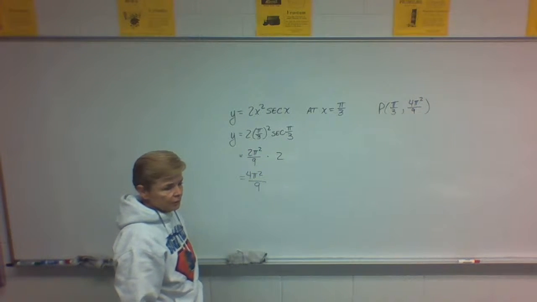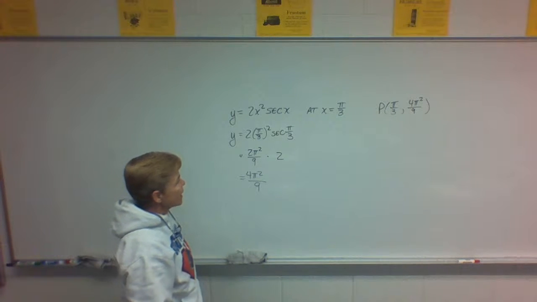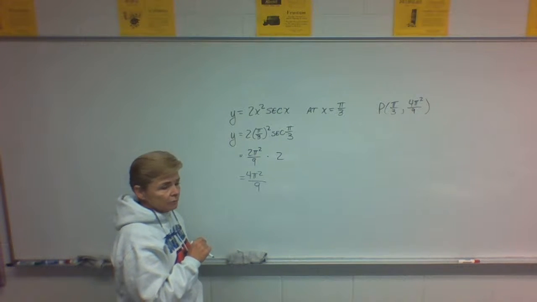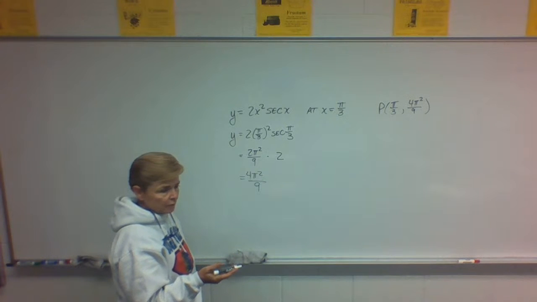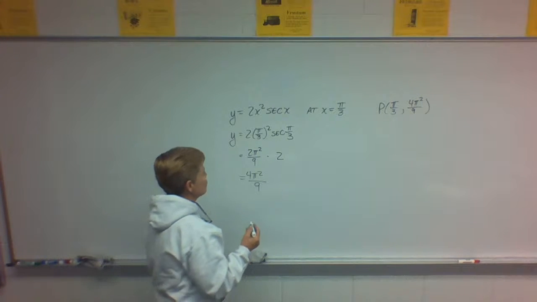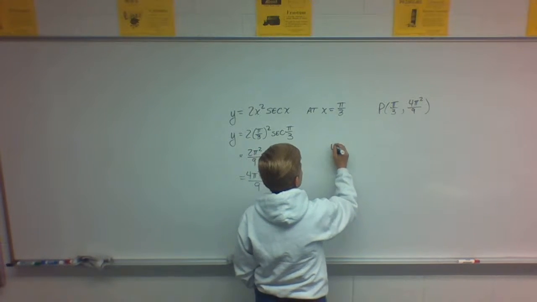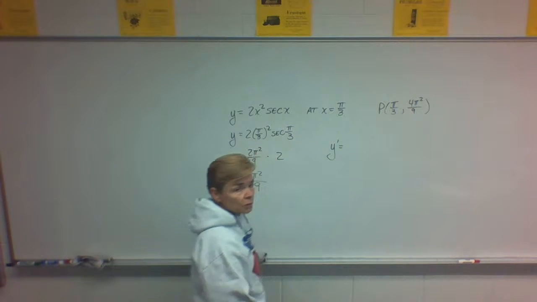We okay to there? Now we've got to differentiate y to figure out what the slope is going to be. So the derivative of y, put it right here so that Savannah can keep seeing it.